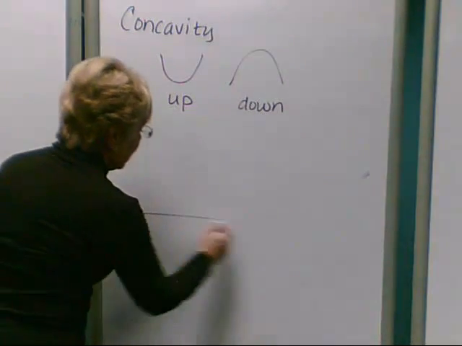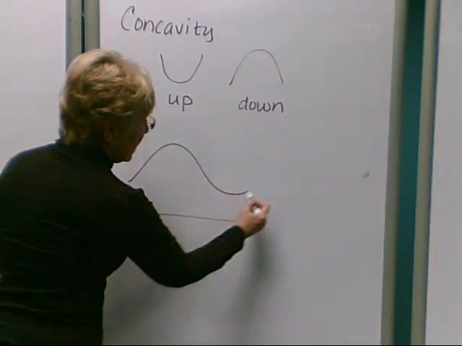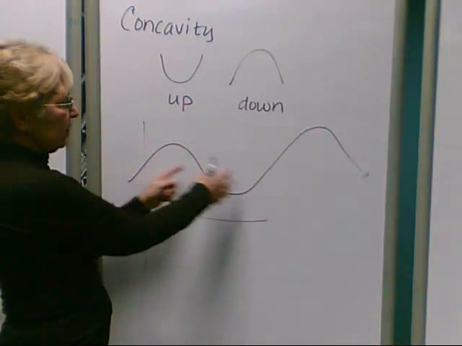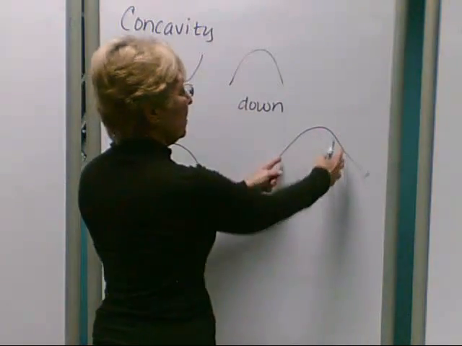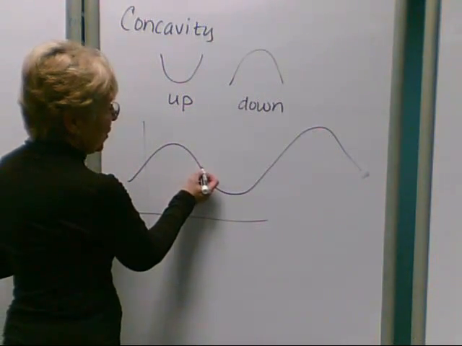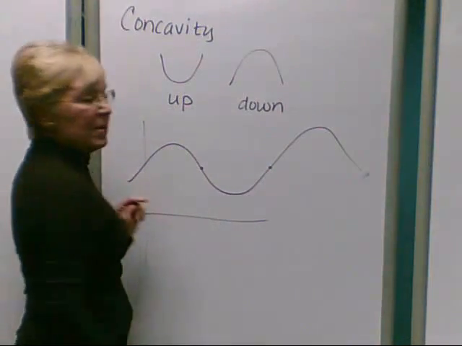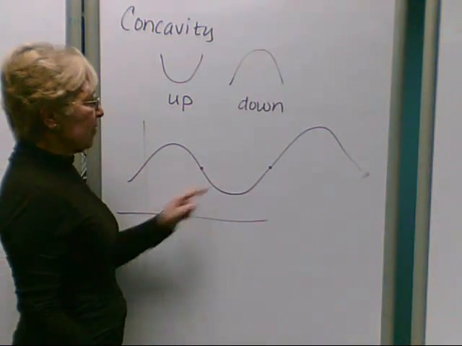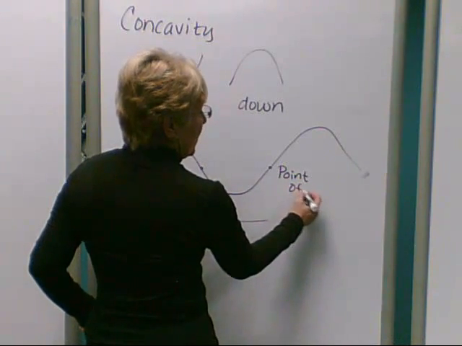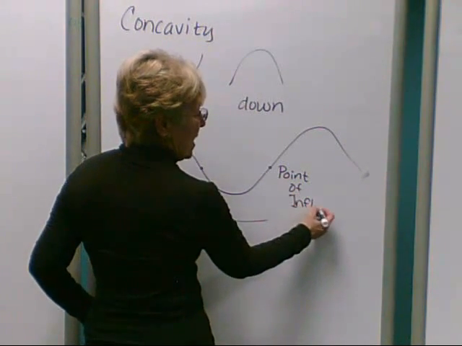For example, a function that does this has an area that's concave down, concave up, concave down again. By the way, the book also mentions that when it changes concavity, it does so at a point of inflection. So some vocabulary, but the big question is, why do we care?